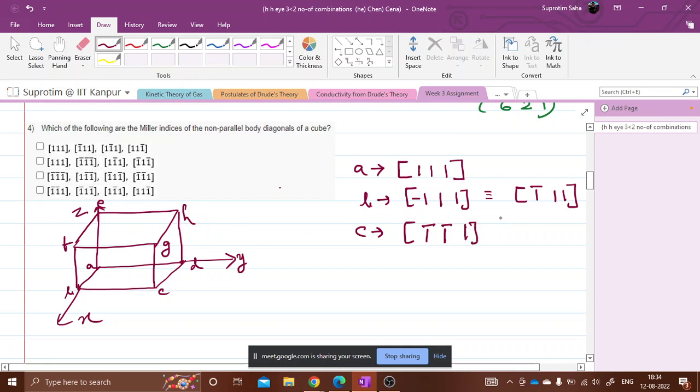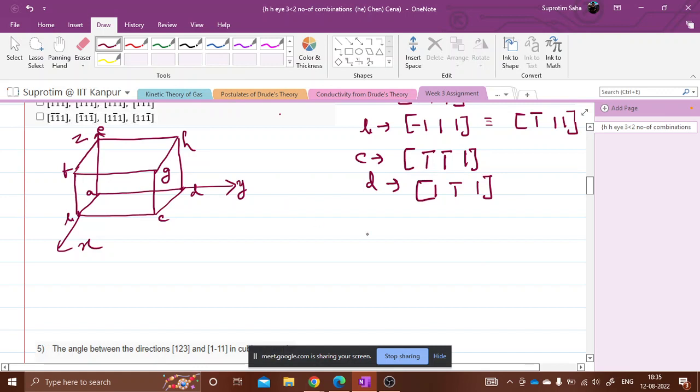So this is it. And for D, you have to go to F, right? So for D, you have to go negative in Y, positive in Z, and positive on the X side. So 1, 1 bar, 1. All right.